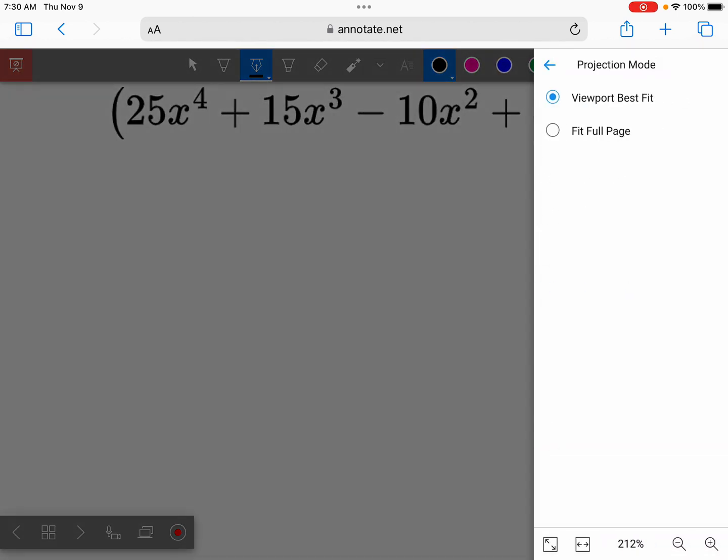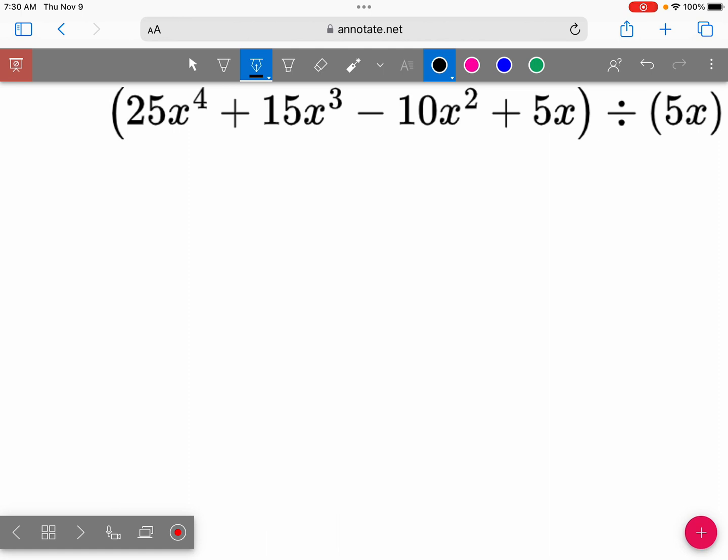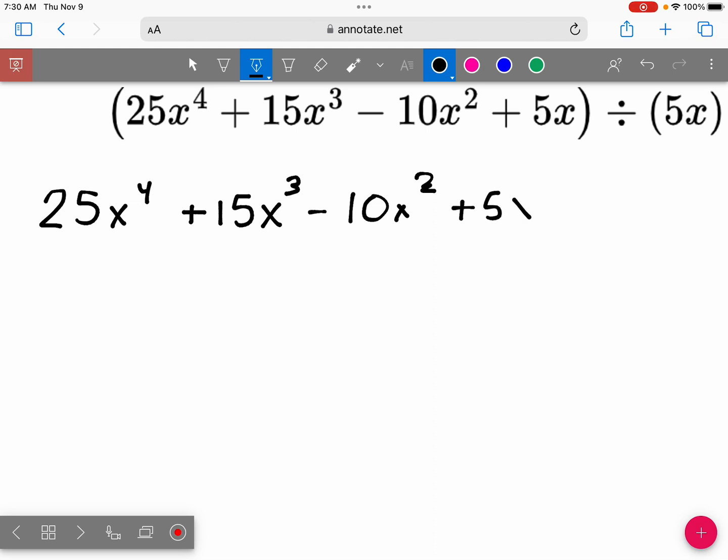I'm going to switch it back to the view page. You can write it into our fraction first. The 25x to the 4th plus 15x cubed minus 10x squared, plus 5x all over 5x.